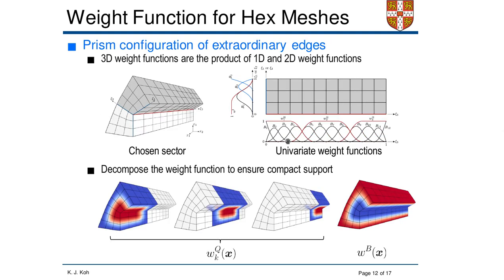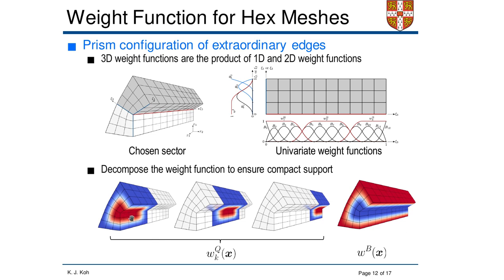Here is an example where extraordinary edges are connected in a line configuration. We call this configuration a prism. To define wave functions on this prism, we choose a sector and define some univariate wave functions in the parameter space. After that, we apply multiplications and geometric mappings to obtain the wave functions in the physical space that are shown here.